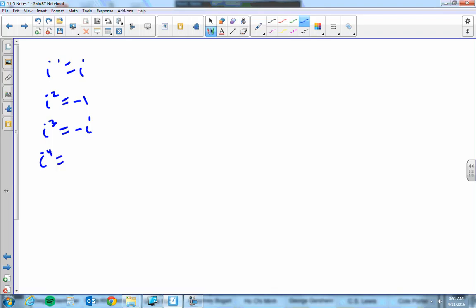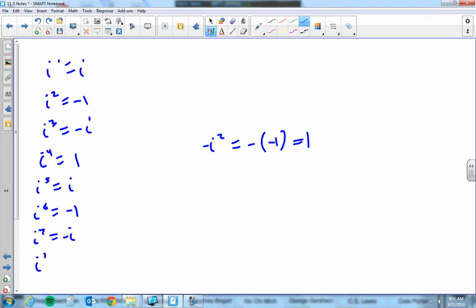If you multiply that by another factor of i, look, you get negative i squared, but i squared is negative 1, so this is really the opposite of negative 1, which means it's 1. But that means if you multiply by i again, you get i, and it just repeats itself.